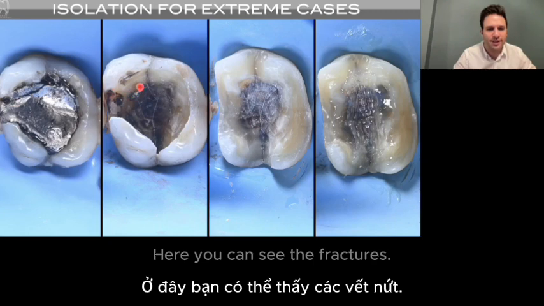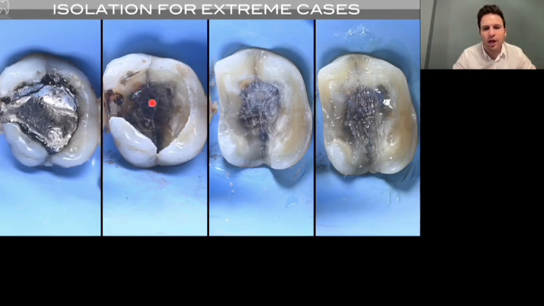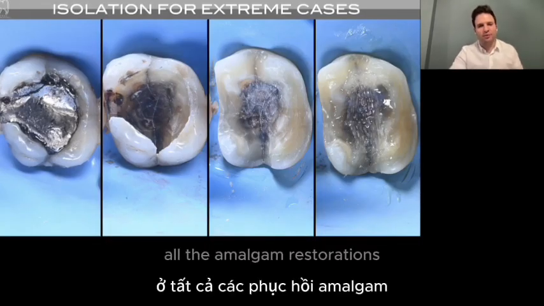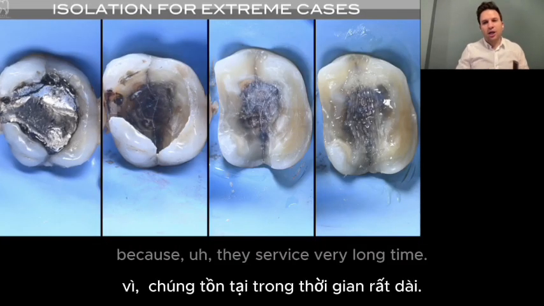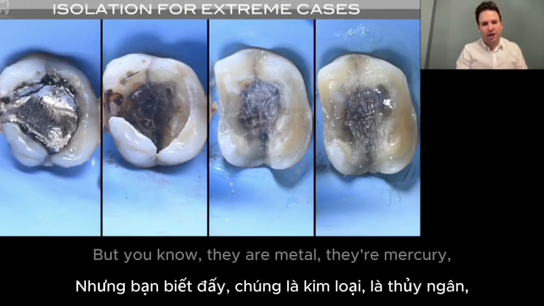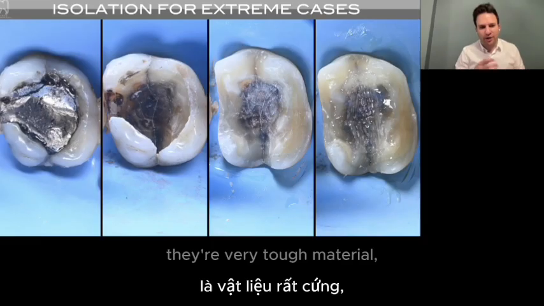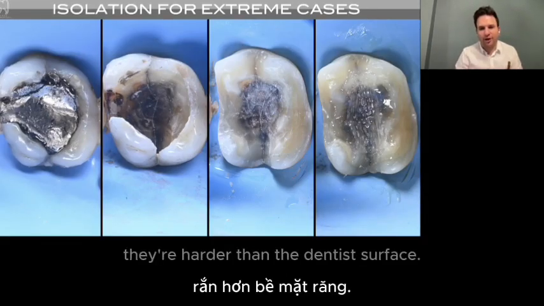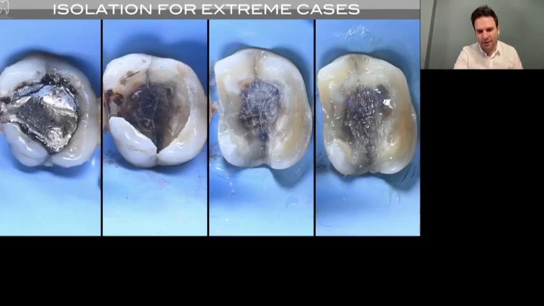Here you can see the fractures, and I mostly encounter that problem with almost all amalgam restorations, because they serve for a very long time, but they are metal, they are very tough material, and they are harder than the dentin surface.